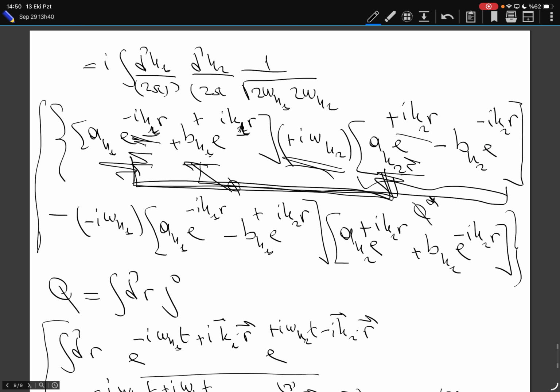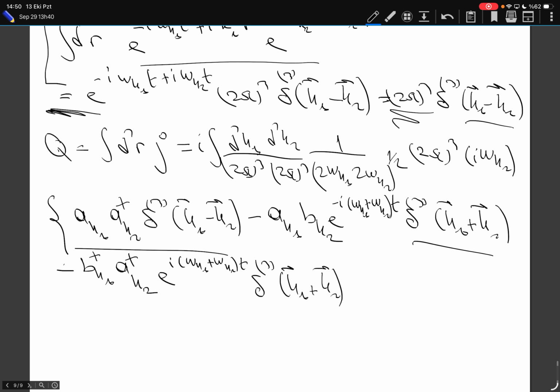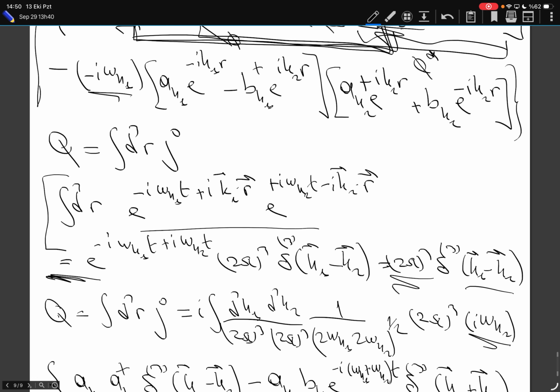So in all the terms, the Dirac deltas will make sure that omega k2 and omega k1 are the same. So that's why I just take an i omega k2 out, and I'm fine with it. Well, let's continue.